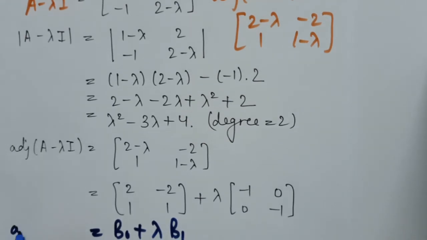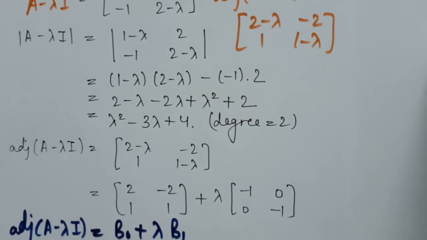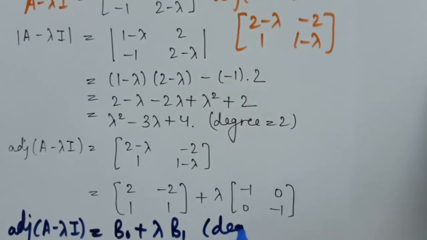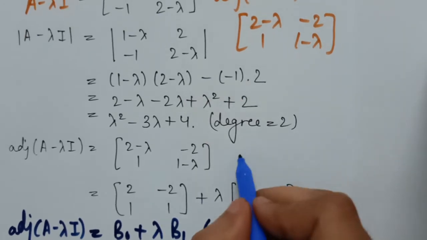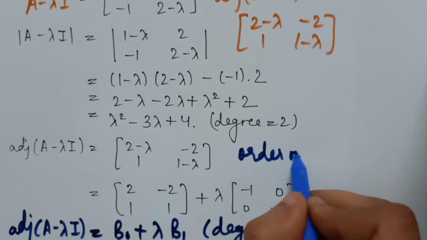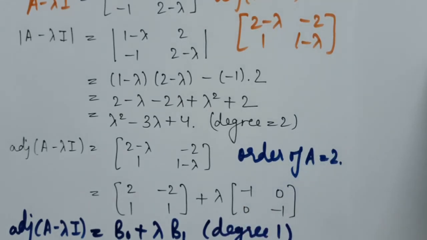So now adjoint of A minus lambda I is equal to B0 plus lambda B1. Now this is a polynomial with degree 1. Remember that the order of the given matrix A was equal to 2, and now the adjoint of A minus lambda I is a polynomial with degree 1.